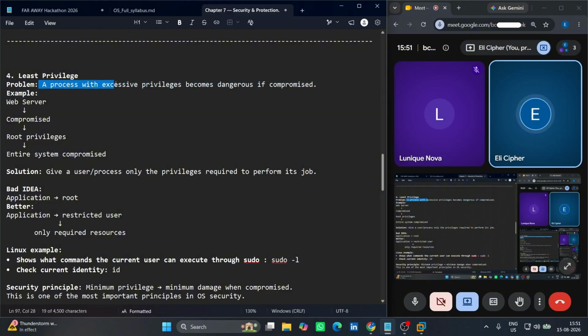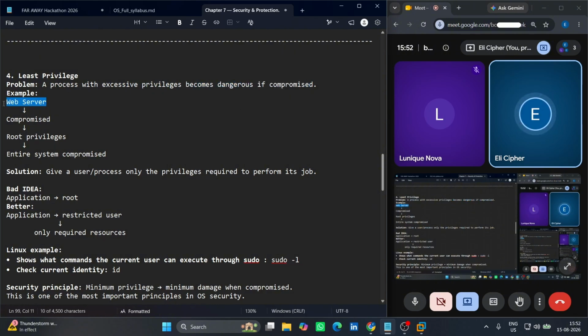So if a process has much more privilege than it should have, then it can also be used for harmful things, right?